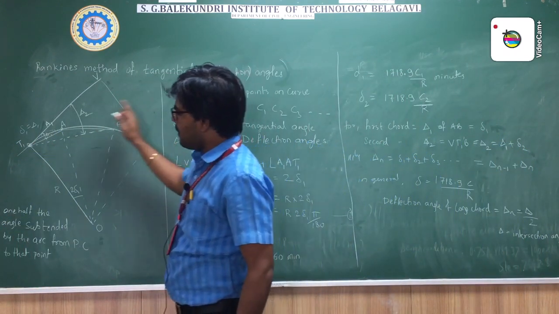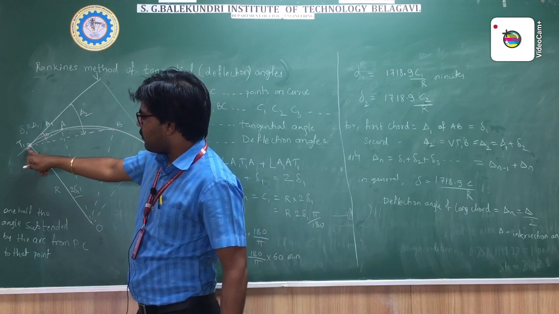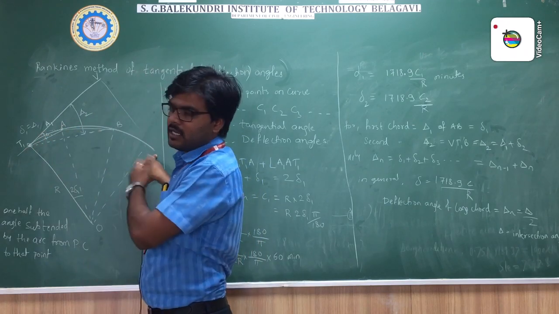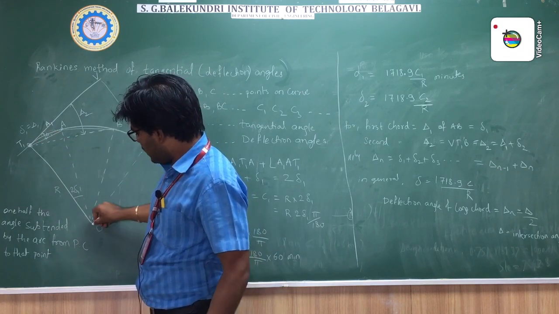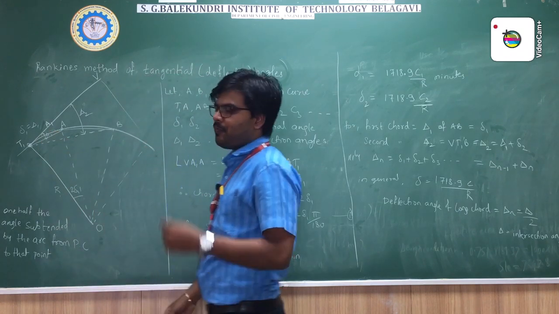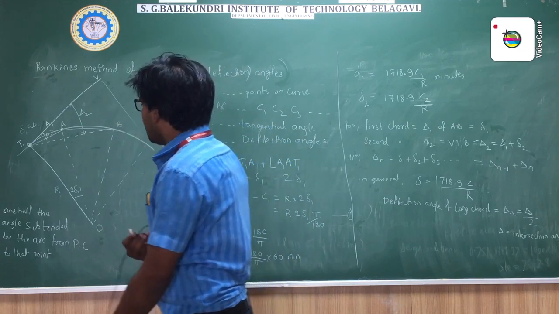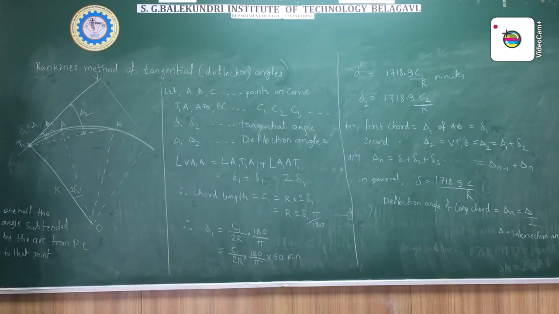In this diagram, the curve starts from T1 and ends at the T2 point, with a radius R and a center O. Here, the deflection angle, or tangential angle, is formed between one chord and the tangent.